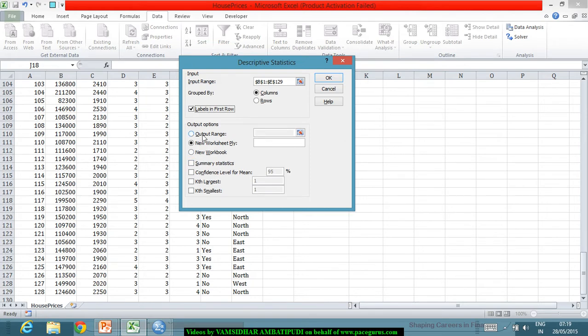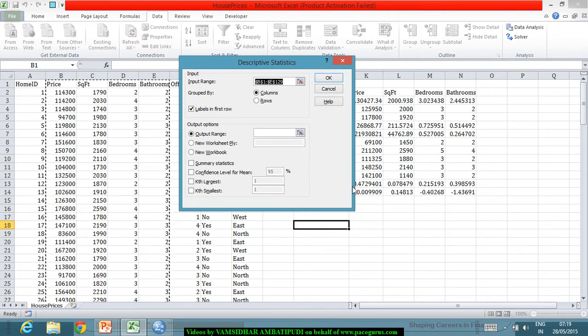And probably I can point the output range to this particular location, right?